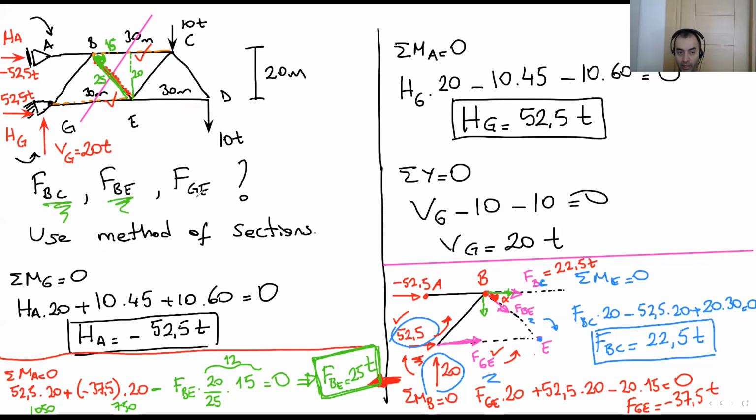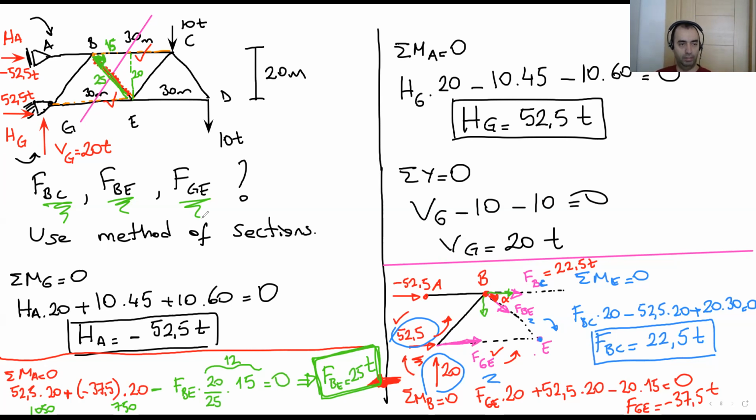FBC, FBE, FGE. So I don't have to calculate each one by one. The rule is, firstly, get the structural system and calculate the support reactions. It's a must. It's not regarding this truss system. You know how to calculate support reaction. Okay, calculate the support reactions first.